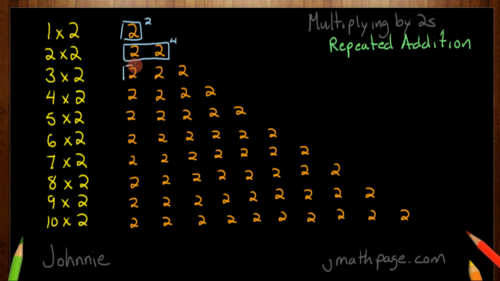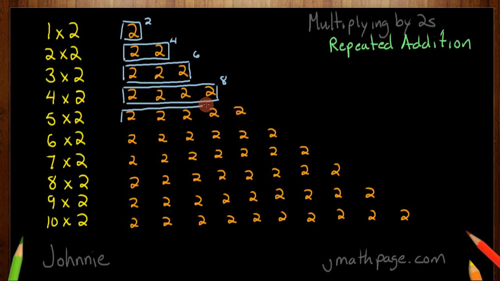Okay, so that's good. So three 2's makes 6. I see that four 2's is 2, 4, 6, 8. Okay, so far so good. I can see that this makes 8. Five 2's, 2, 4, 6, 8, 10.